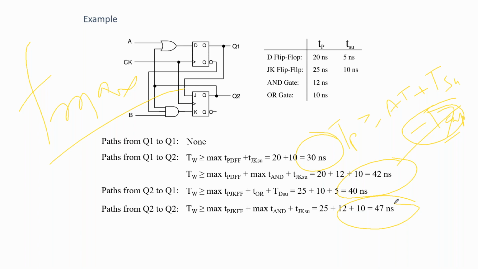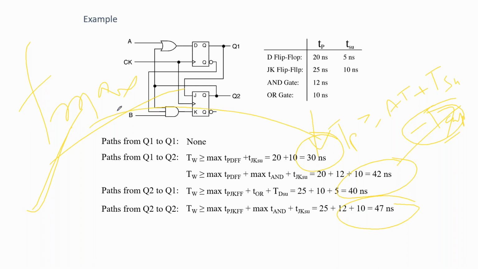So I have to select a time period for which I should not have a setup violation among all the paths. If I take 30, I can get more frequency, but that is not the correct frequency.